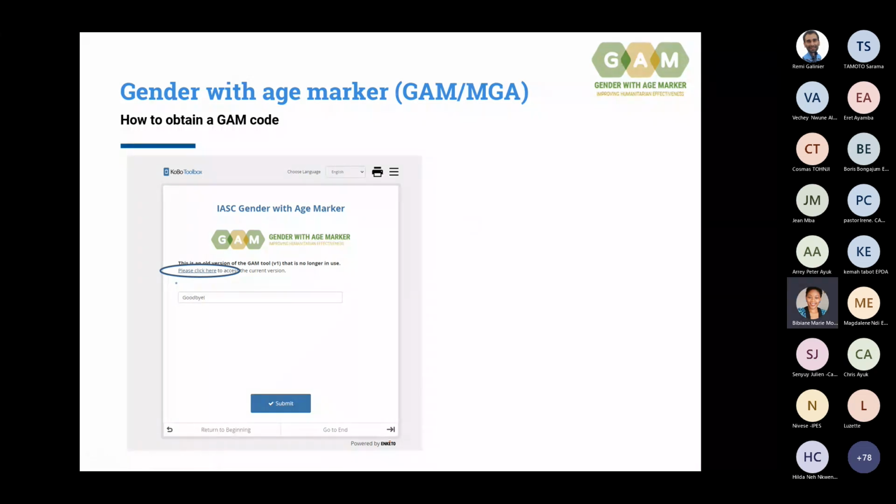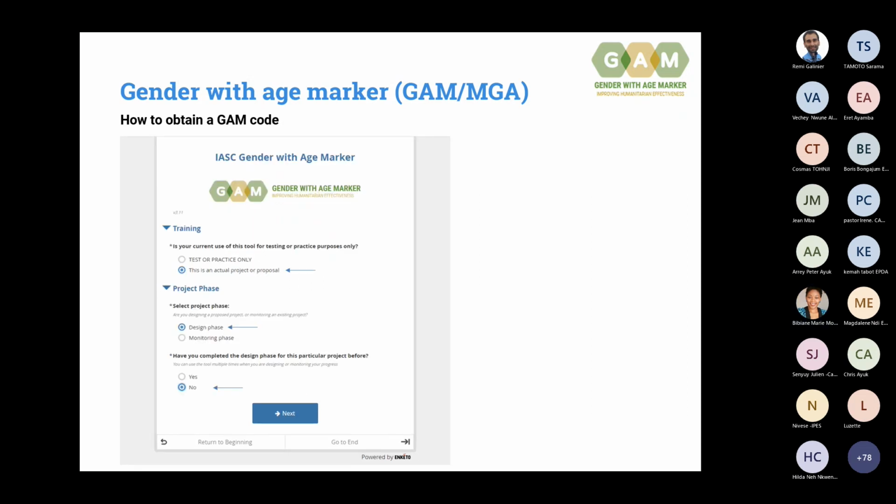Okay, when you go to the link provided in the project module, you will see this first page where you will be requested to click to access the GAM interface. Slide. And then you will have the choice between test and the actual project.